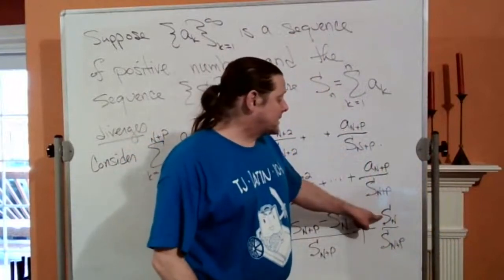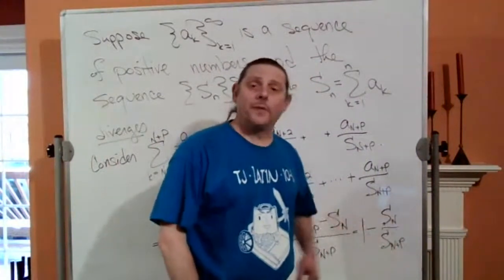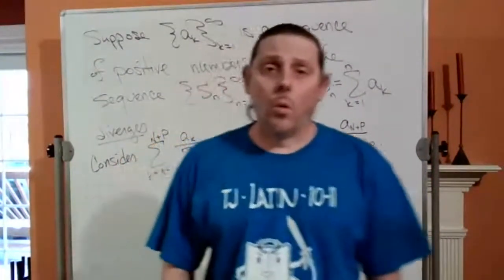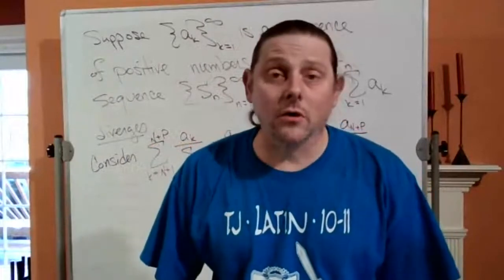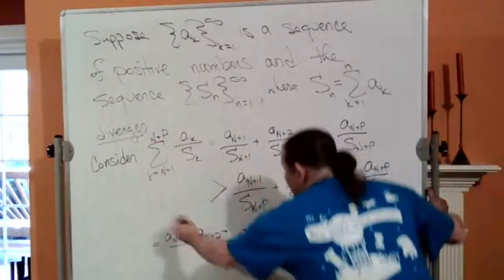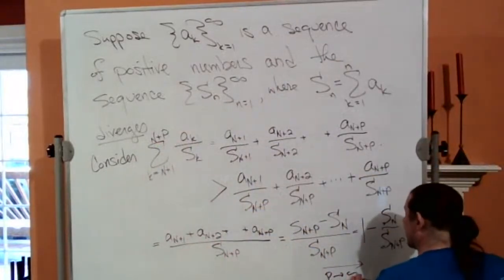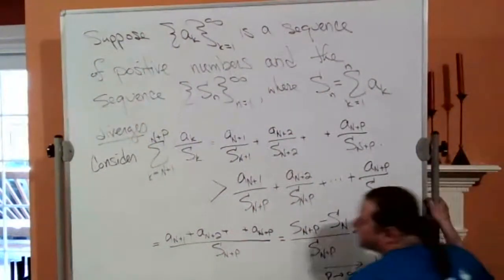This will be fixed. That will grow without bound. And that makes this term that I'm subtracting from 1 go to 0. So this ratio tends, as p tends to infinity, to 1.